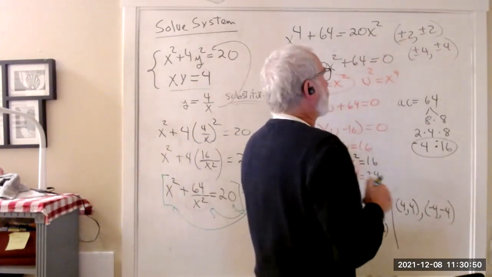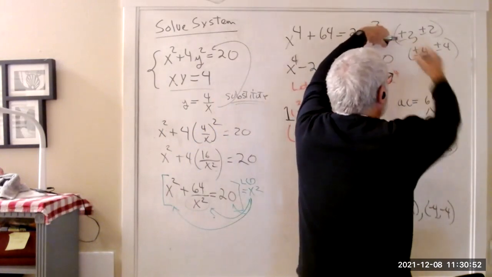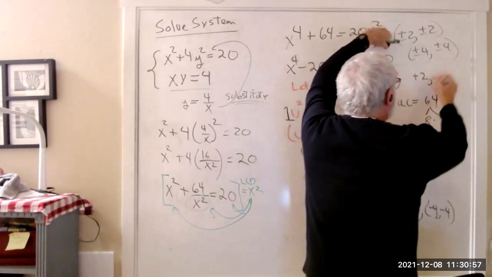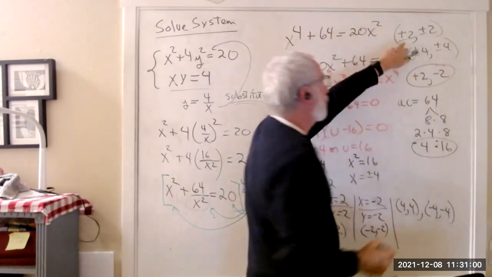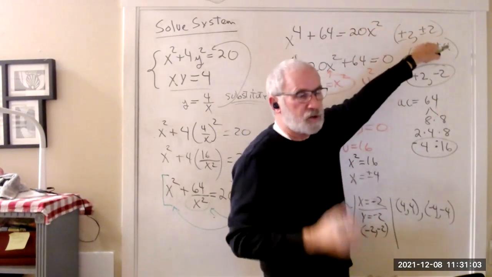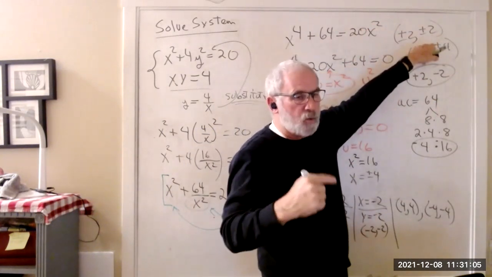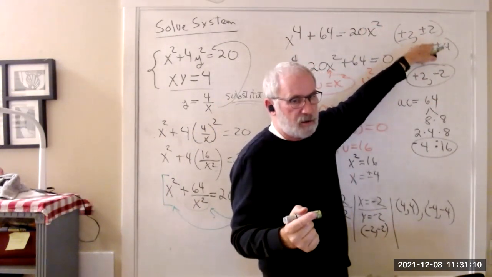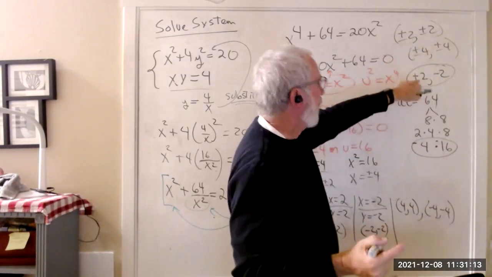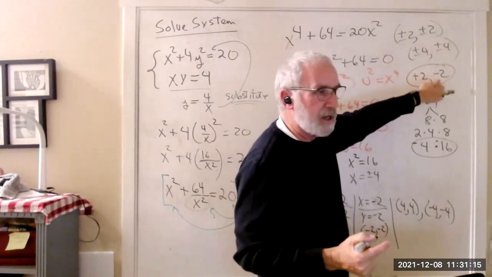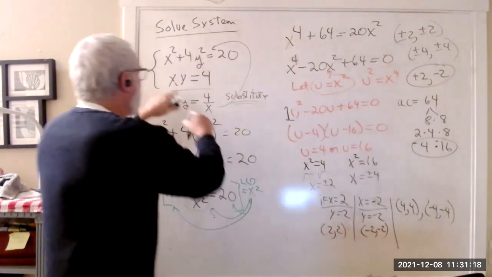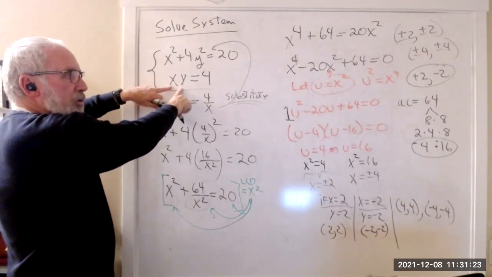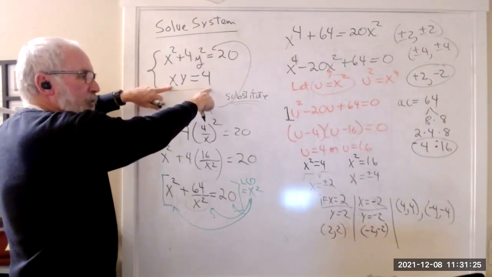Because this implies that x could be positive 2 and y could be negative 2. When you write plus or minus 2, plus or minus 2, what you're telling the world is any combination of twosies is good. So you're saying, hey, x could have been positive 2 and y could have been negative 2. But look over here. How could x be positive 2 and y be negative 2 and get an answer of positive 4?